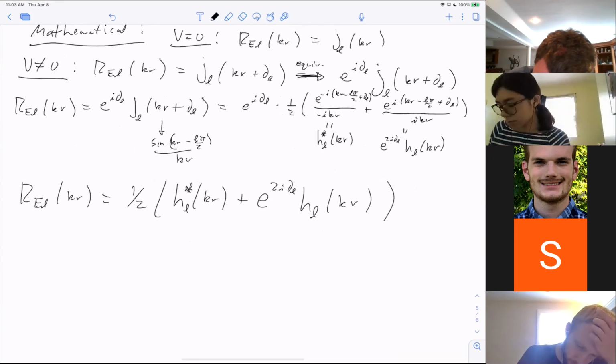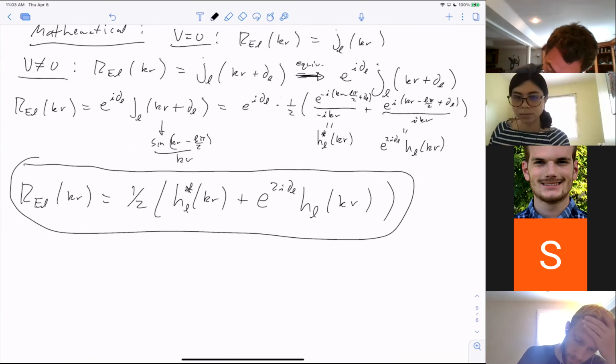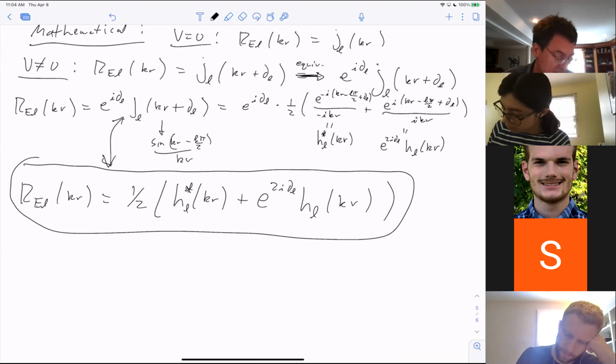This is the big result. It's just a rewriting of the Bessel function, but it's convenient for what comes next, which we'll do next time.